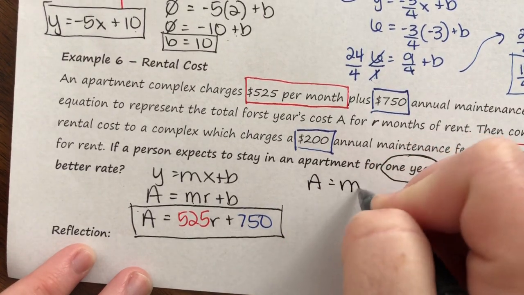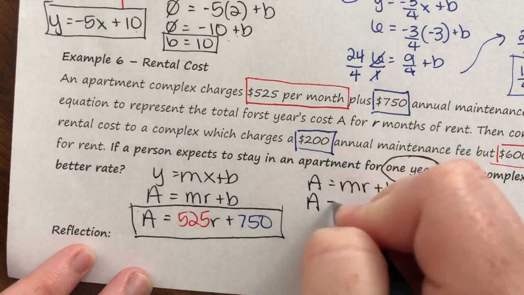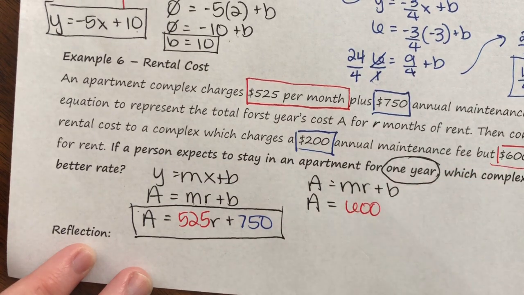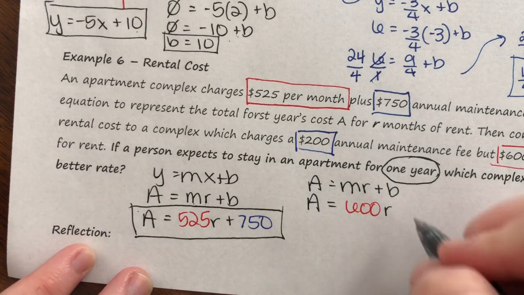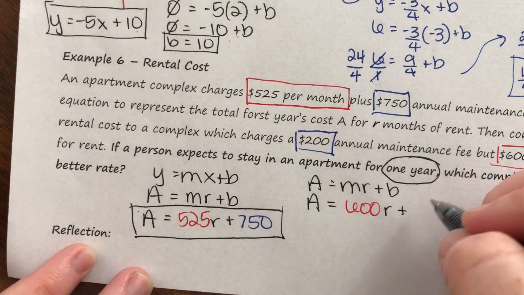A equals MR plus B. So we're going to write A equals, their monthly fee was $600 times the number of months of rent plus a $200 annual maintenance fee.